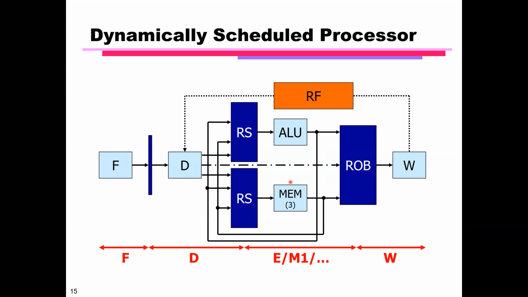So 3 cycles for memory, because we are talking of a classic MIPS-like instruction set. We need the ALU before the memory access because we have to compute some address.